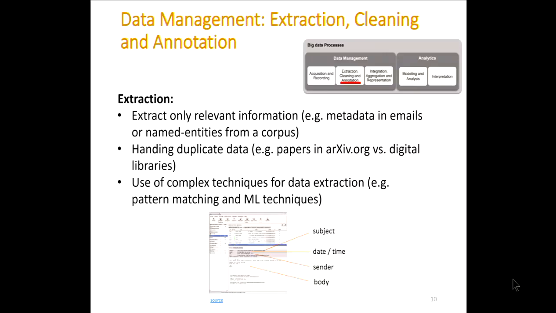So if you are thinking about emails, which are unstructured in this sense, do I need the body of the email itself to extract what they are trying to tell me? Or is it just important for me to know that there is an email going from X to Y at that time, and the title is this?